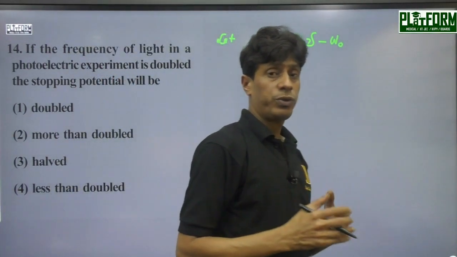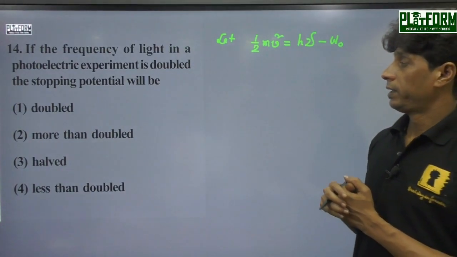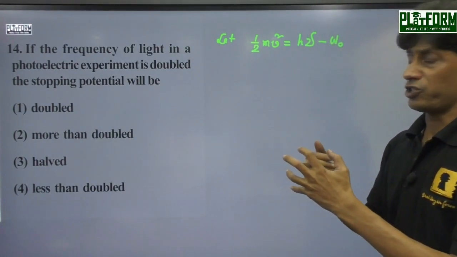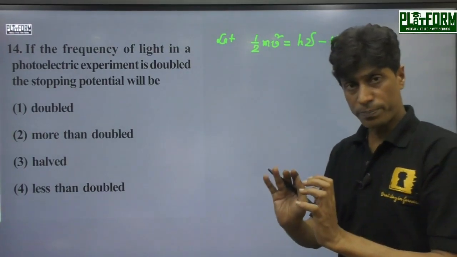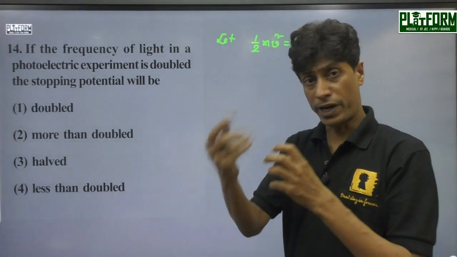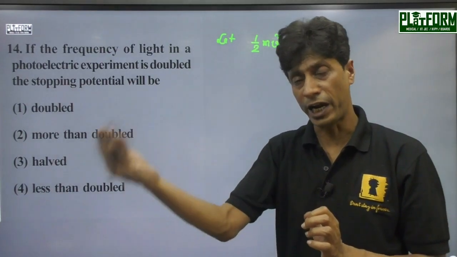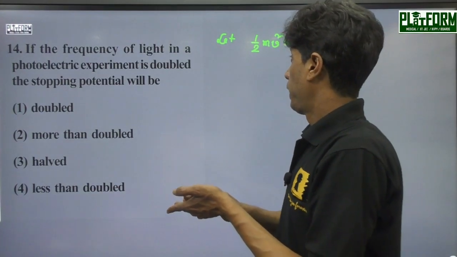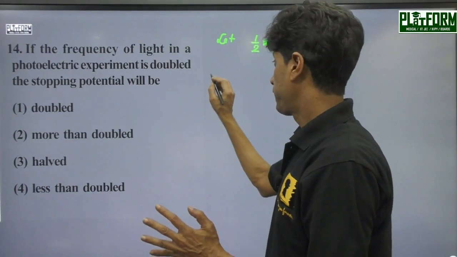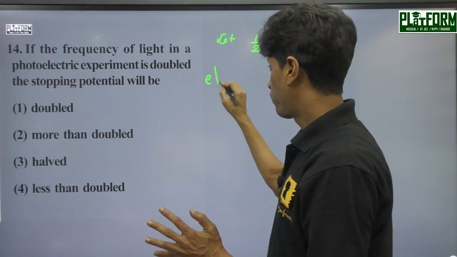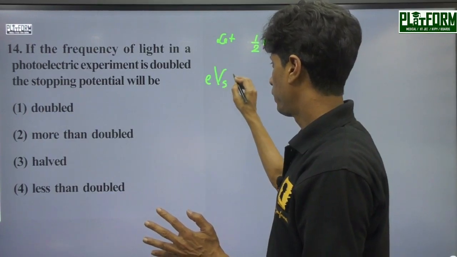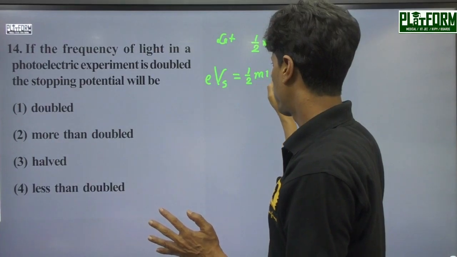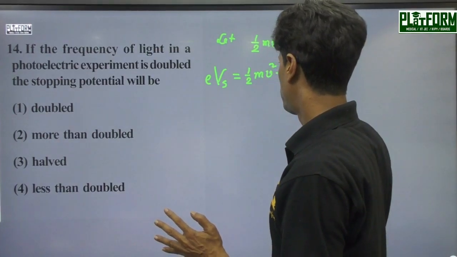In the tube, an electron of maximum kinetic energy can be stopped by applying a negative potential to the anode with respect to the cathode. With this negative potential Vs, the kinetic energy of the electron becomes 0.